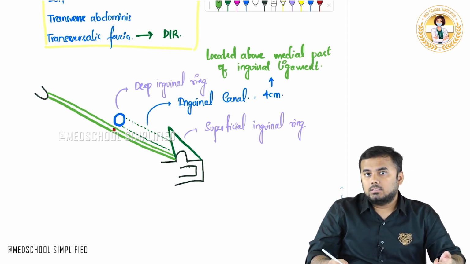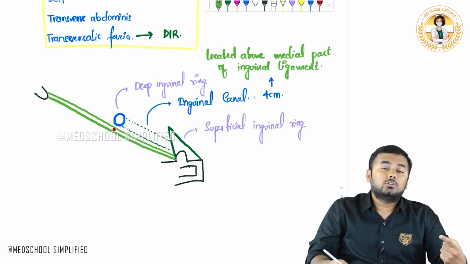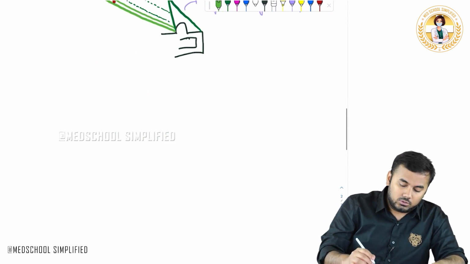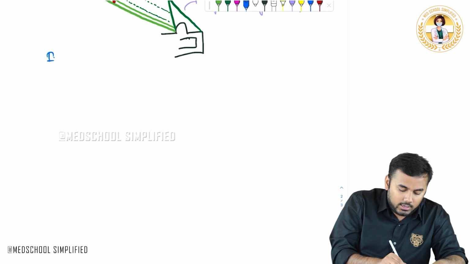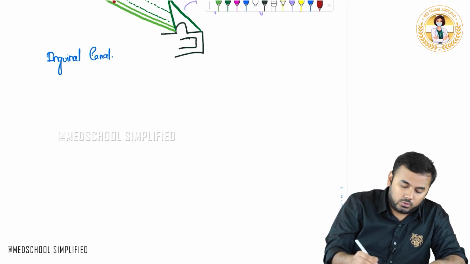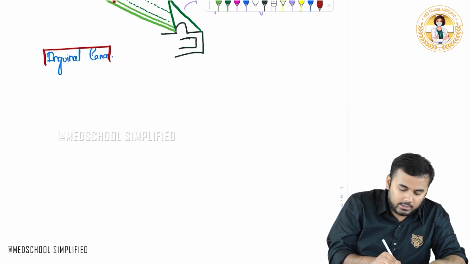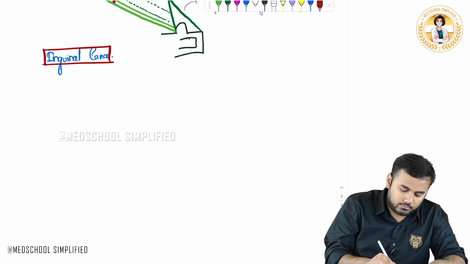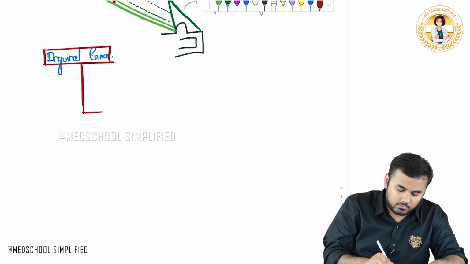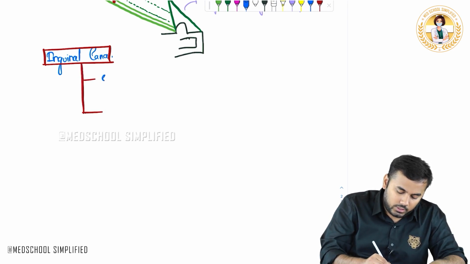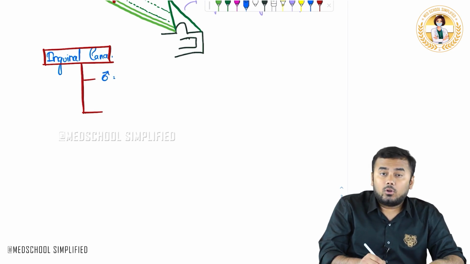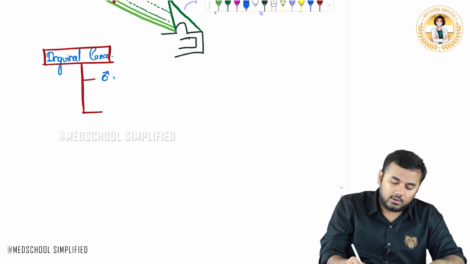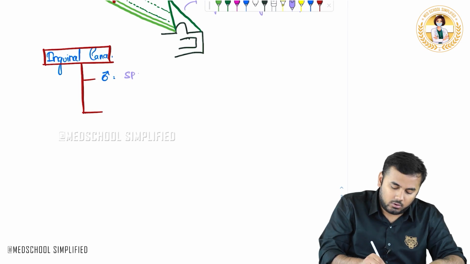Now what does this inguinal canal contain? In the males, the inguinal canal contains the spermatic cord.